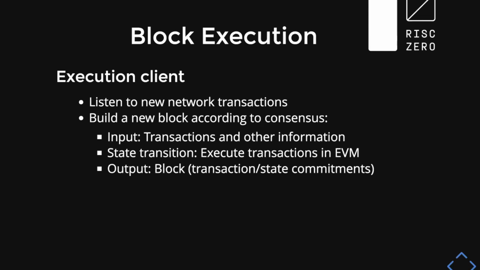For that, it takes a subset of those transactions as an input, and also other information like a timestamp or some miner or block producer information. Then the actual heavy lifting happens, the state transition, which means all the transactions that were selected need to be executed.